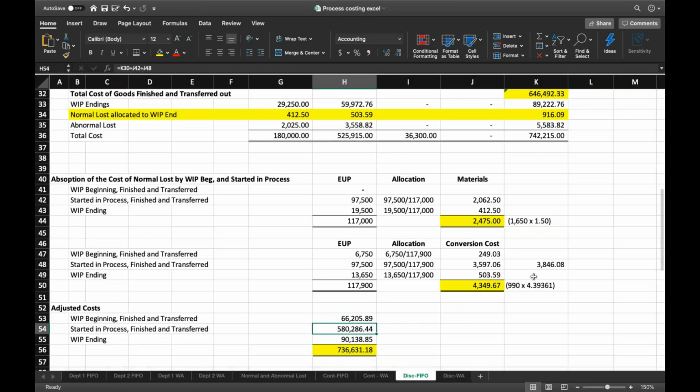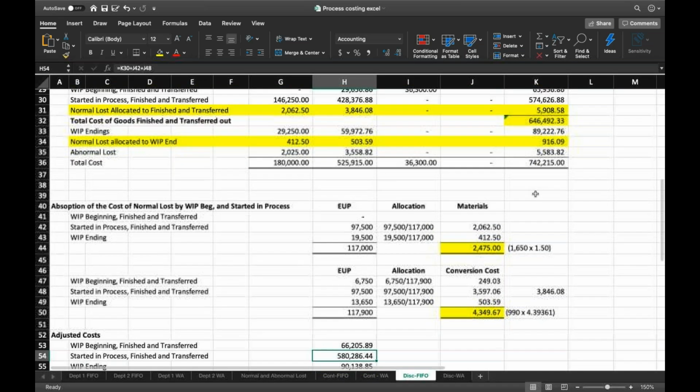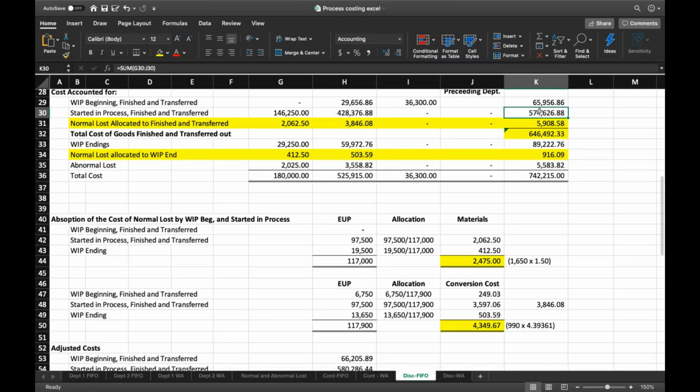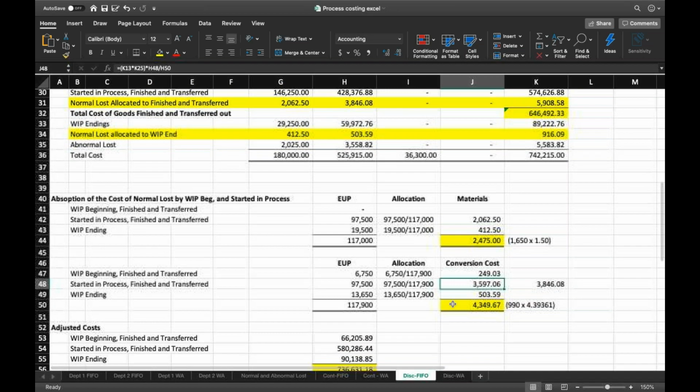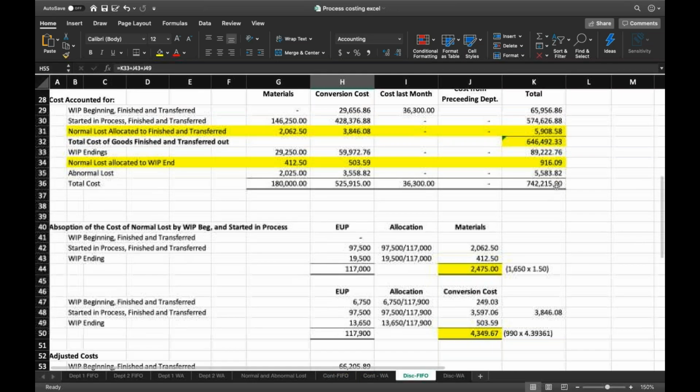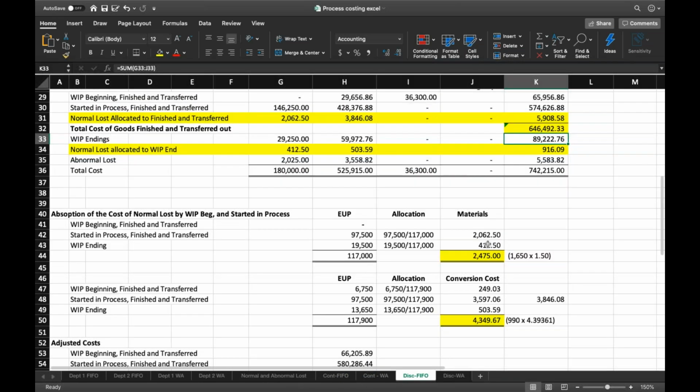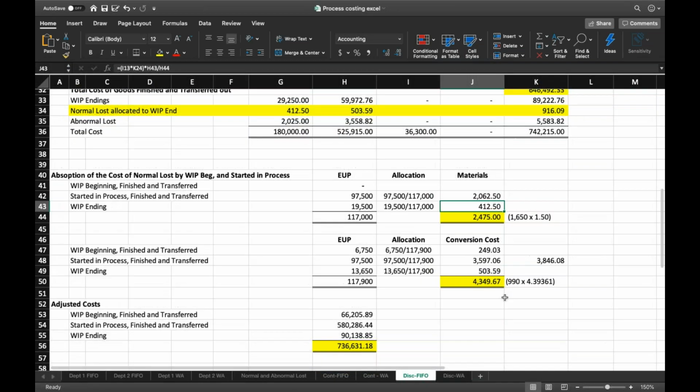The started in process, finished and transferred, that is 574 plus 2,062 plus 3,597 equals 580. Work in process end, that is 89 plus 412 plus 503 equals 90,000.